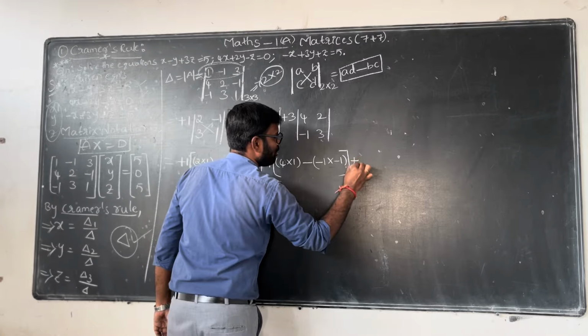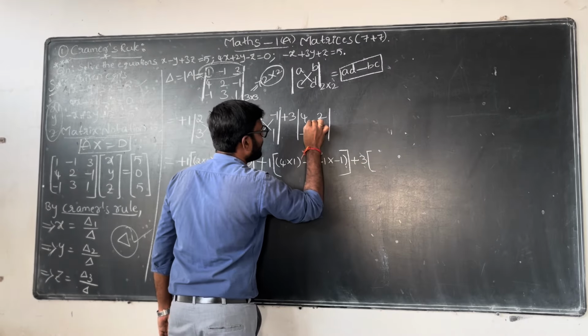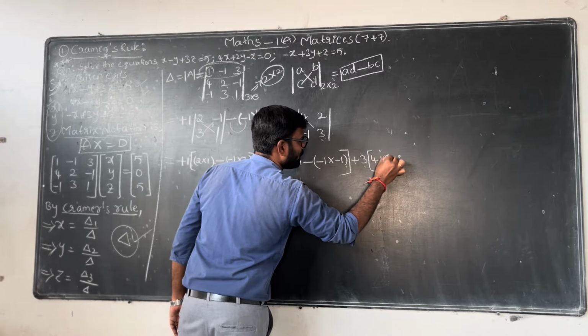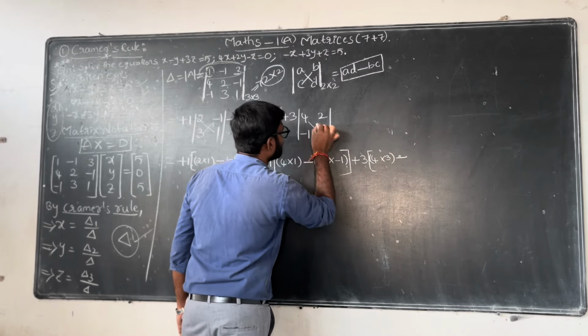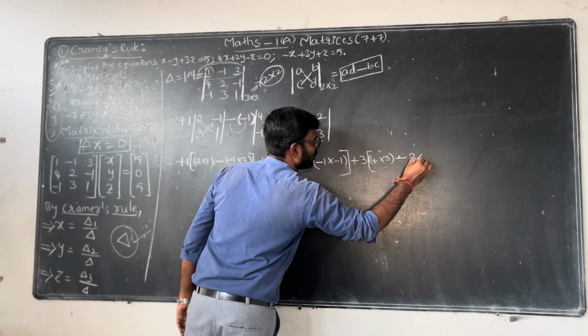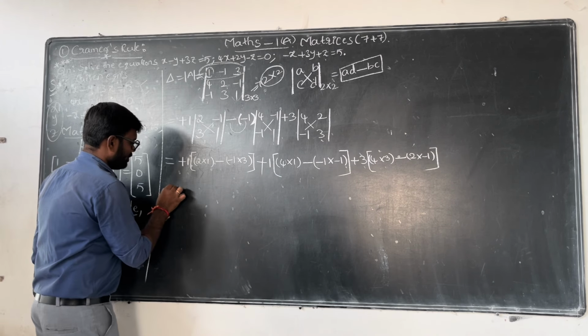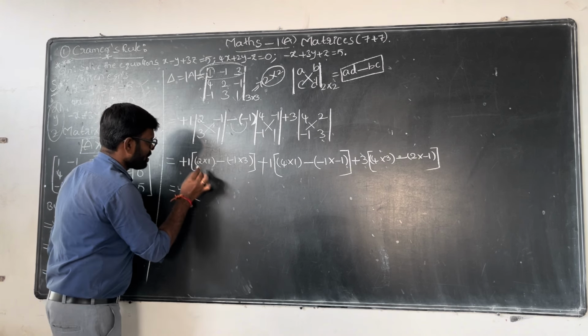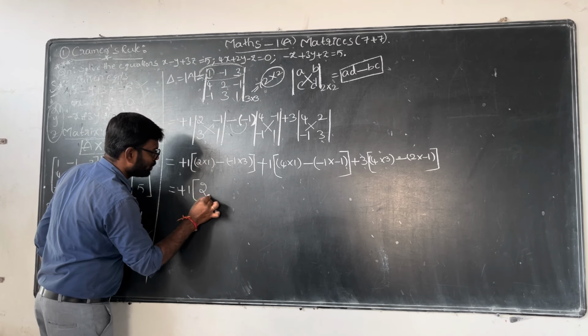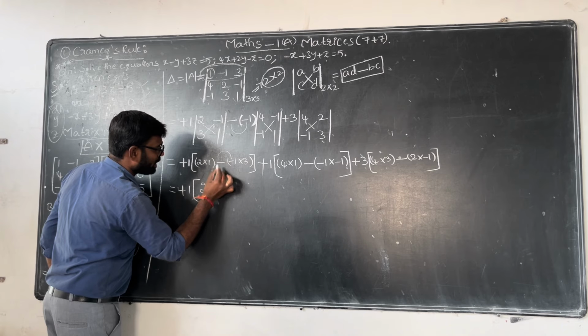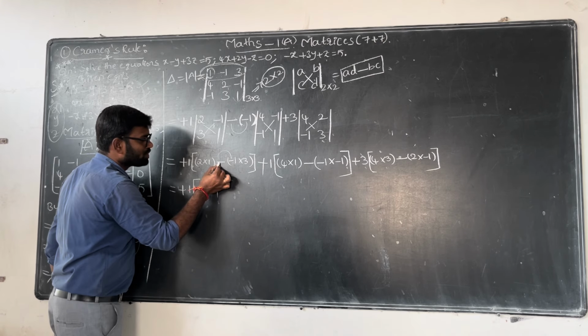Last, plus 3. Again AD, 4 into 3, minus BC, 2 into minus 1. Next, plus 1. 2 ones are 2. Here we see 2 signs.